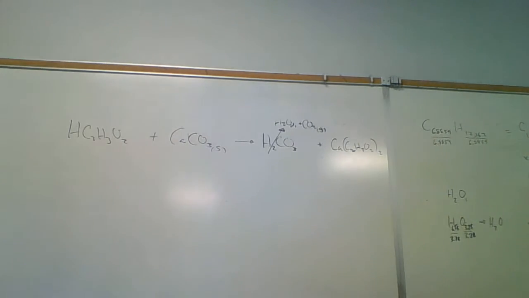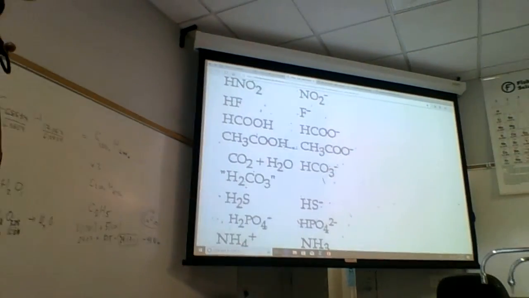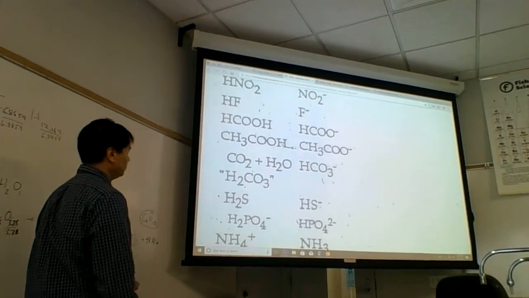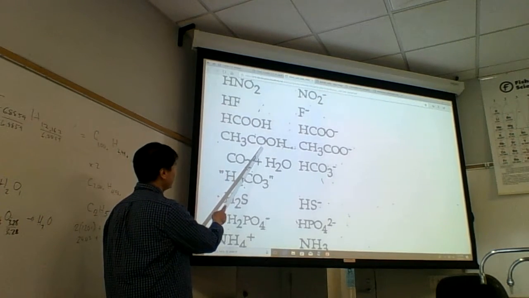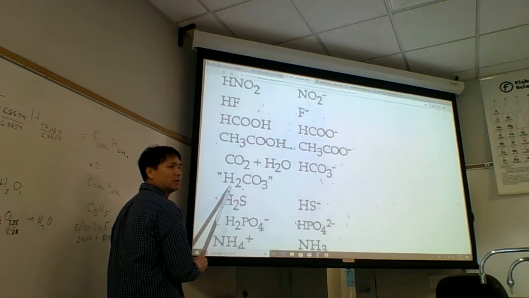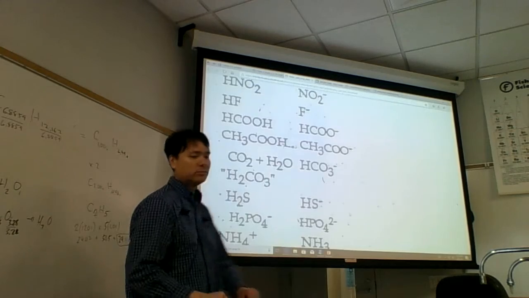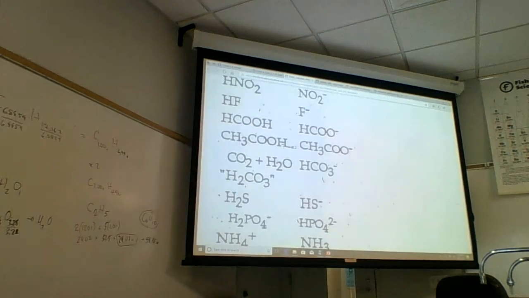So let's consult the chart first and see if that's the case. Do you see acetic acid? Where's acetic acid? Oh, that one. Yeah, CH3COOH. Is it stronger than carbonic acid? Yes. So what we can say is we're going from stronger acid to weaker acid.